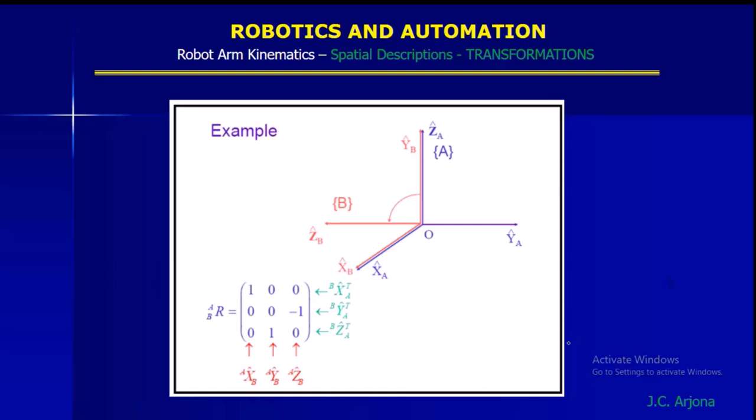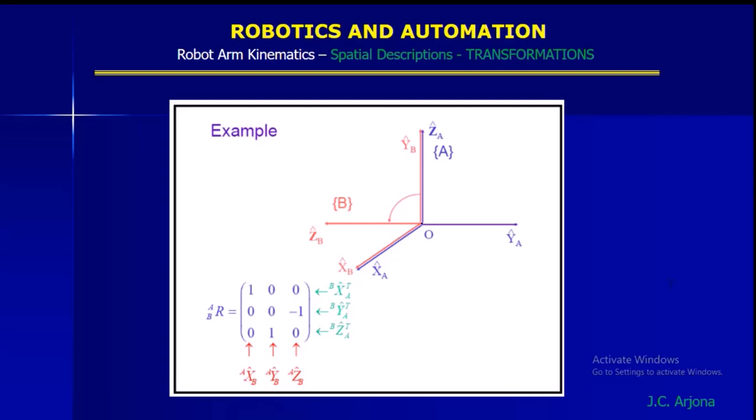Okay, so here is an example. What are the givens, by the way? The given here is the frame A, and the frame B is rotated about the x-axis. How many degrees? Your YB originally was here, and your ZB is originally here.